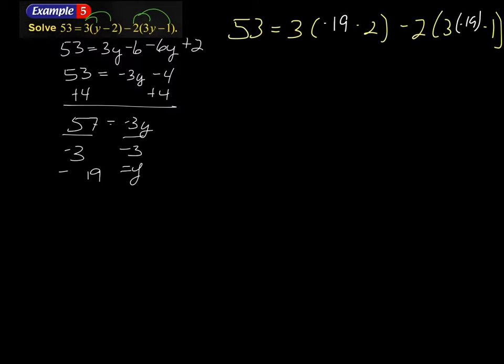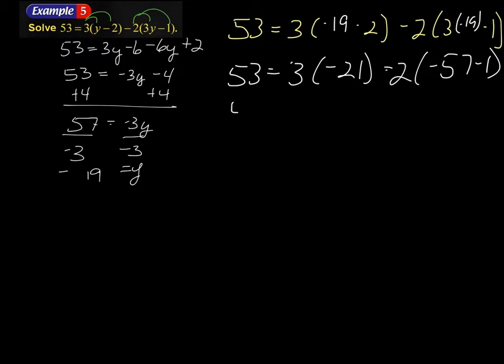Kind of squished it a little bit there. So I'm just going to copy down 53, we hope, equals 3 times negative 21 minus 2 times negative 57 minus 1.